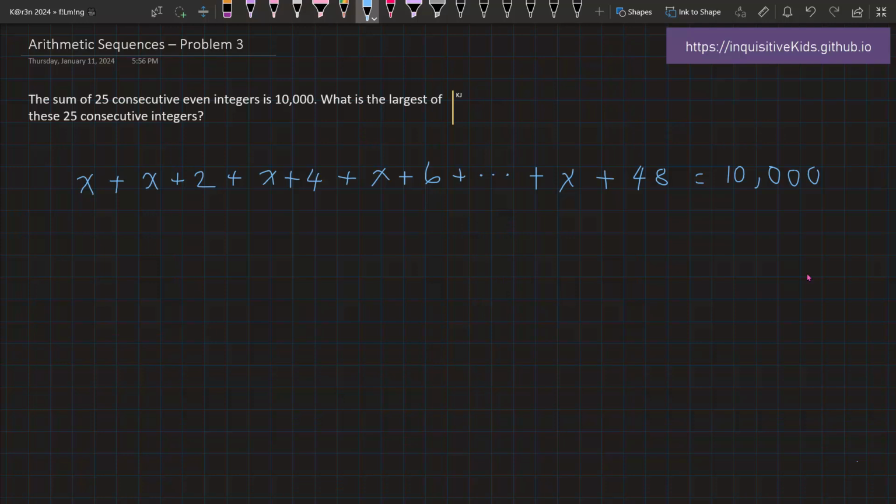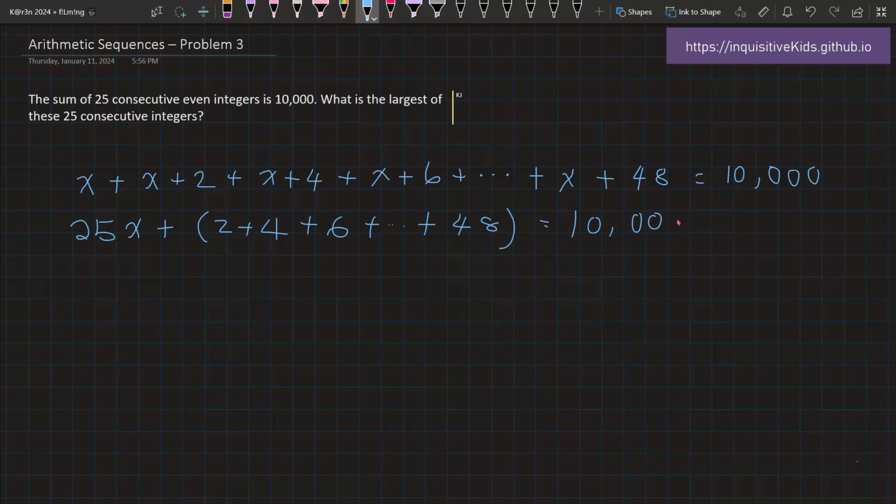We know that there are 25 x's because there are 25 consecutive even integers. So 25x plus, and then we have a sequence from 2 all the way to 48 in all of the even numbers in between. So 25x plus 2 plus 4 plus 6 all the way to 48 is equal to 10,000.